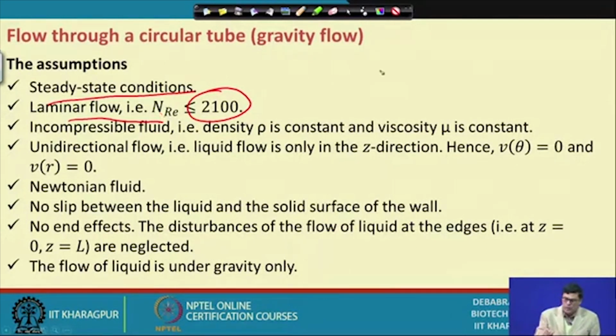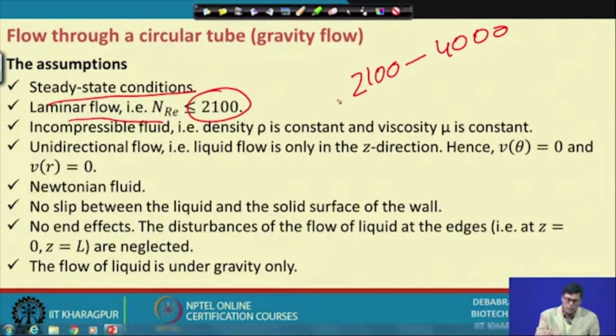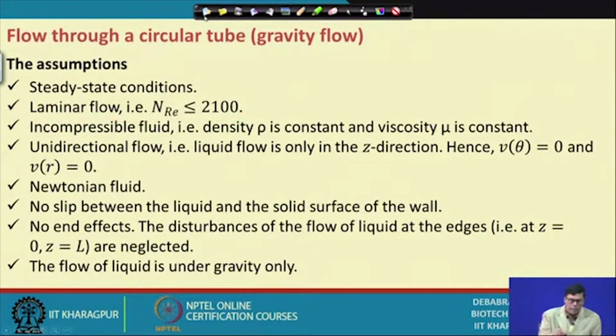From 2100 to 4000 it is transient, neither laminar nor turbulent, but below that it is laminar flow. At 4000 we have turbulent flow. Laminar flow is less than 2100. Incompressible fluid: the density is constant and viscosity is also constant.